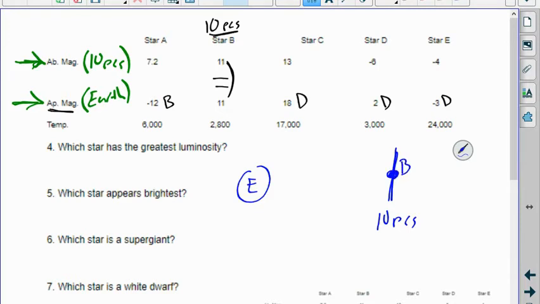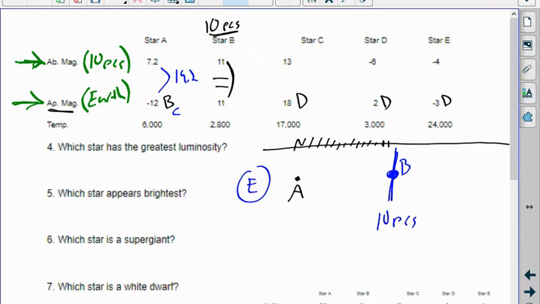And then star A is pretty easy because it is brighter, so it is closer than 10 parsecs. I can go back and compare the two numbers here, and I'd come up with 19.2. So if I use this as a number line, 19 ticks in, I would put star A rather close to Earth.